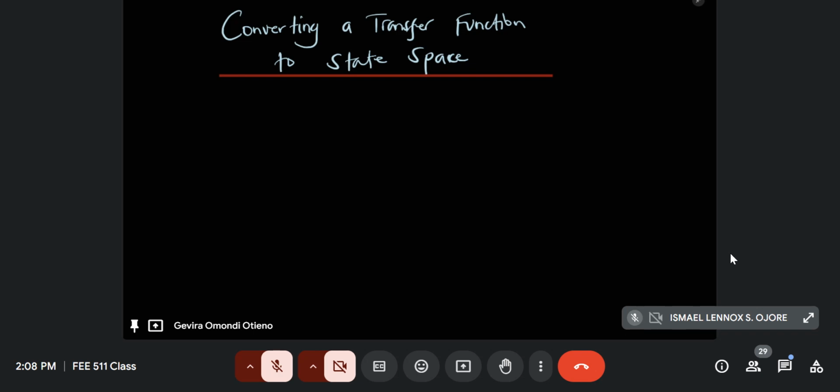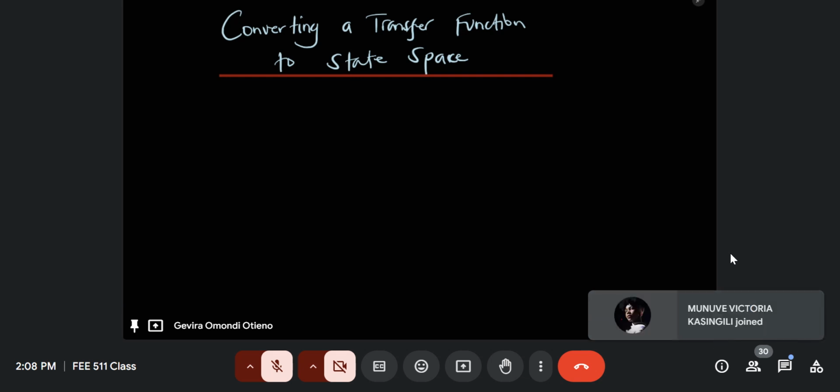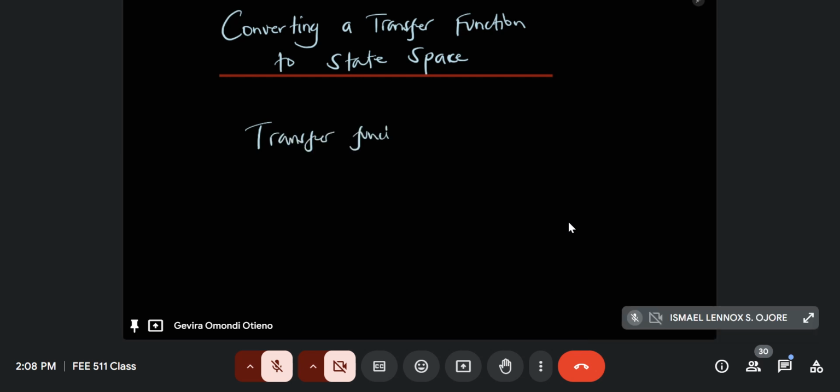So there are two types of transfer functions that we need to convert. So you might have a transfer function C of S over R of S. You have the notes, ladies and gentlemen, and you have examples. So I'll also just be giving my own other examples.